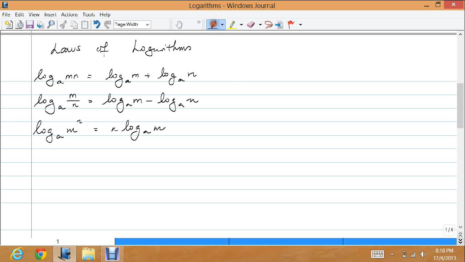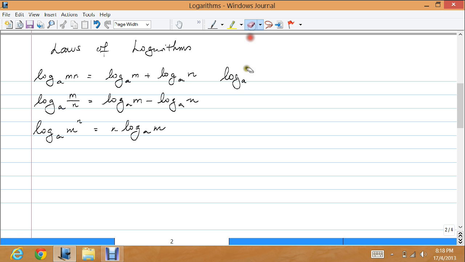So let's take for example log base 3 of 3 squared times 3 to the power of 4. We see that this is the same as log base 3 of 3 to the power of 6, right? Because we add the powers together, so we end up with 6.